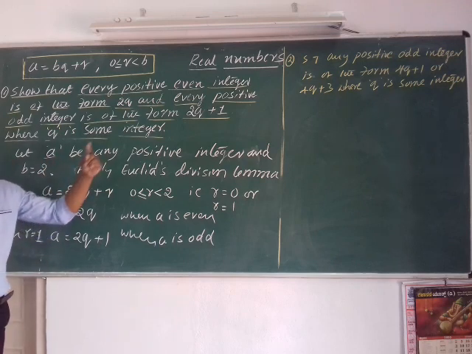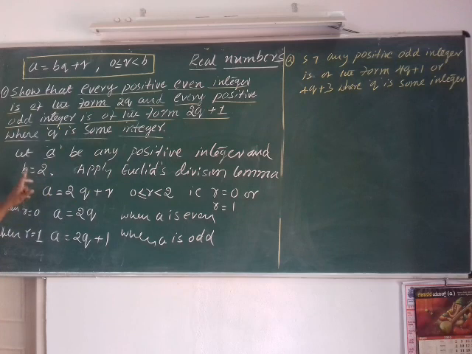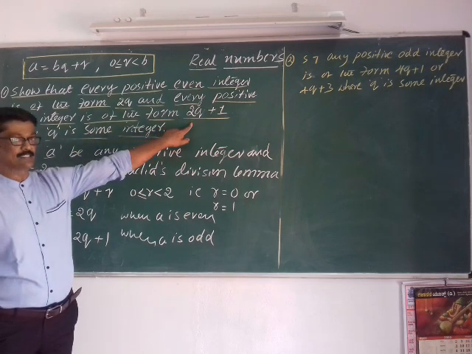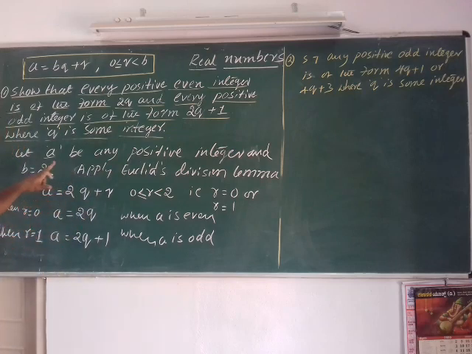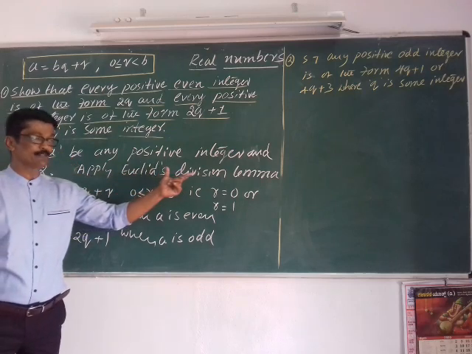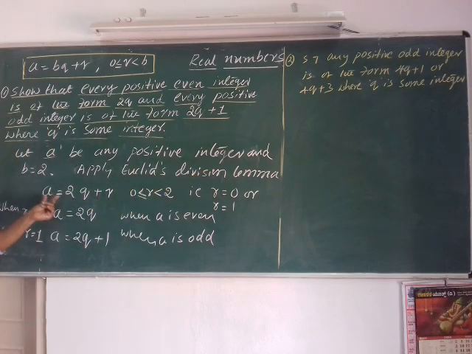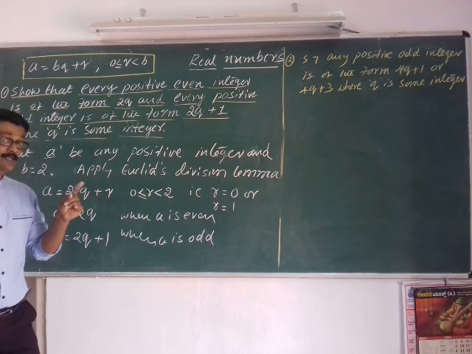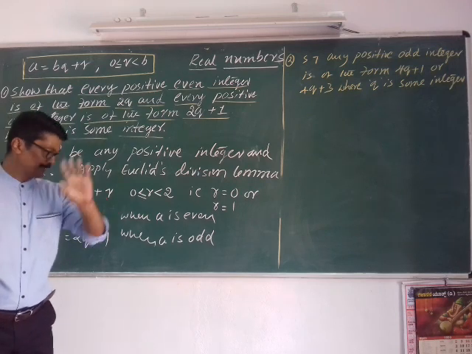Let a be any positive integer and b is equal to 2. You can make out the value of b from the question itself. So we have taken two integers. Apply Euclid's division lemma. We know that dividend is equal to divisor into quotient plus remainder. Here divisor is 2 and remainders are 0 or 1.